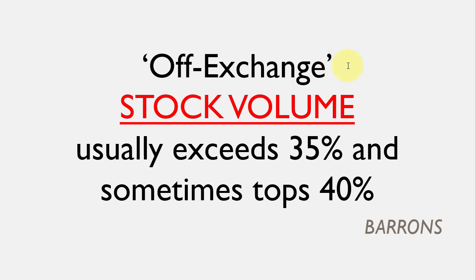So if you're trading off underlying stock volume, not options volume, just the underlying stock volume, please understand that you're not seeing the good stuff. You're only seeing 65%, 60%, and it's really not the influential volume. So therefore, trading off a stock volume is a very dangerous game.